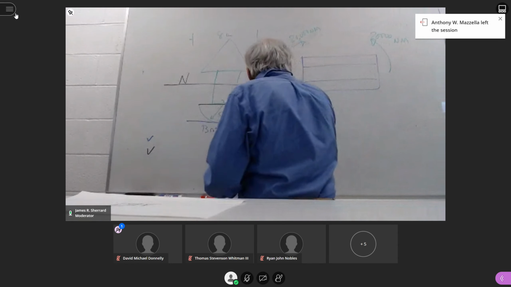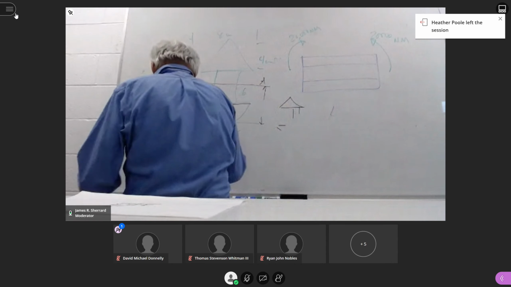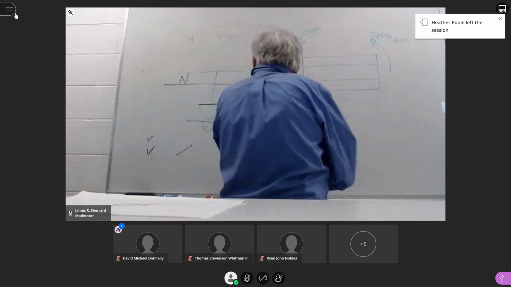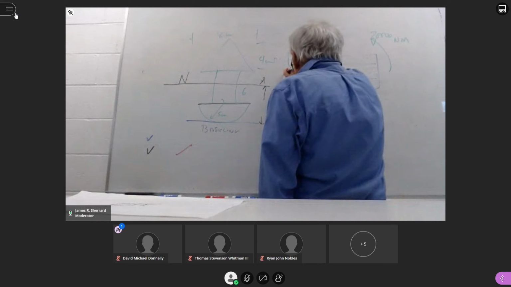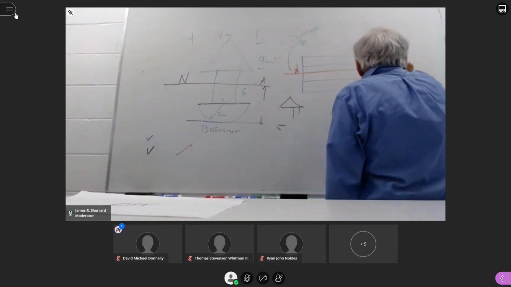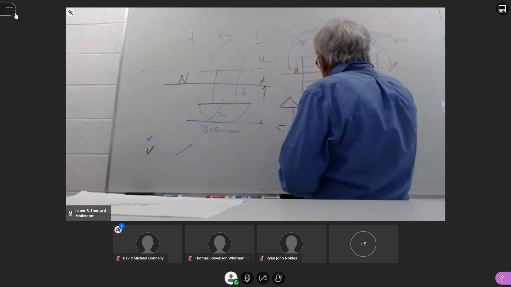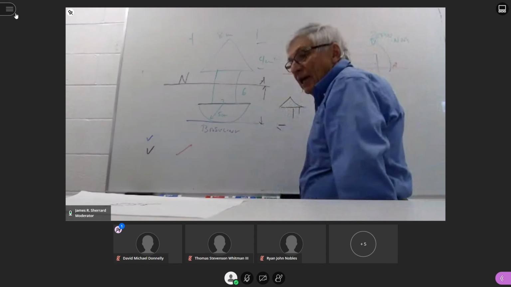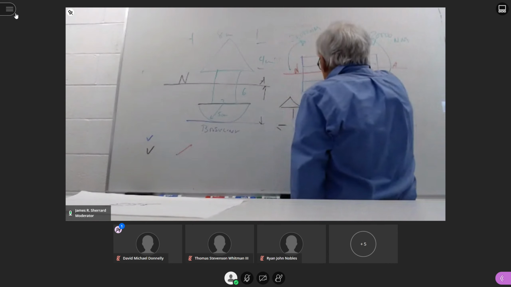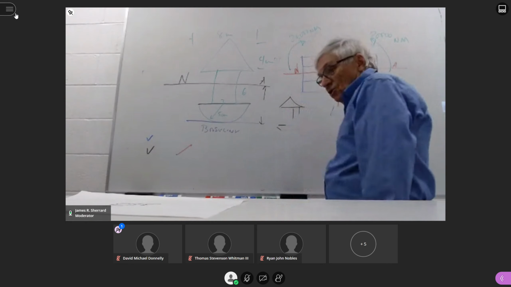Whenever you find where the neutral axis is, let's say when you finish calculating, it is right there. Because this is a positive moment, we know the top is in compression and the bottom is in tension.